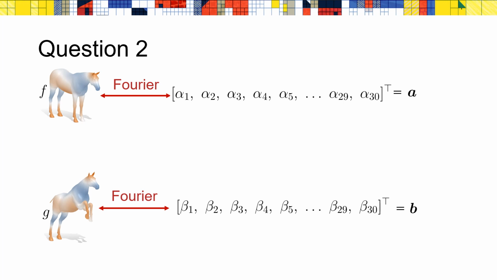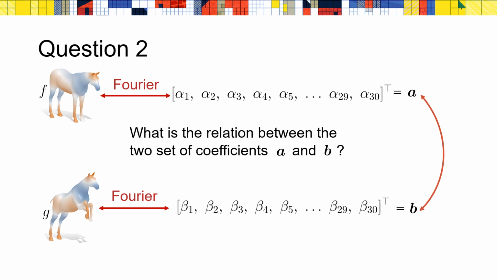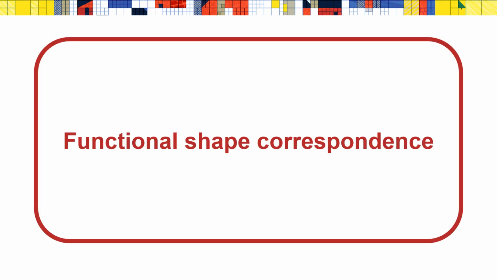So if we have two shapes, as in this case, and two corresponding functions, so two functions that appear the same but are defined on two different shapes, we can compute the coefficients for these two functions. And the question is, what is the relation between these two sets of coefficients? So we will answer these two questions in the next section.